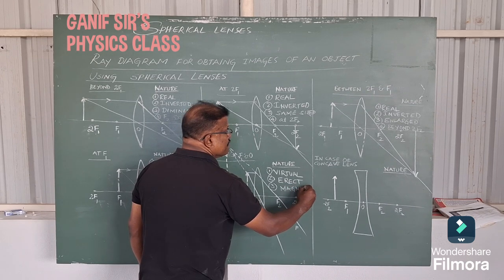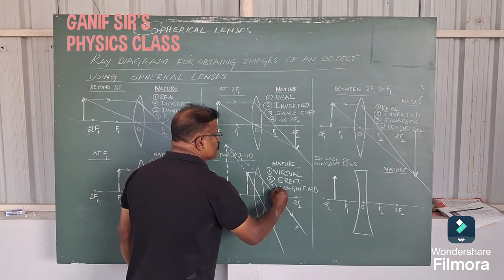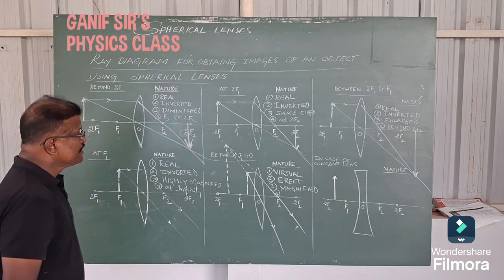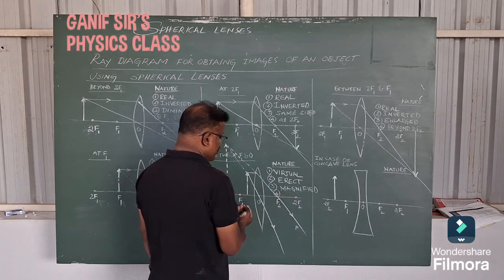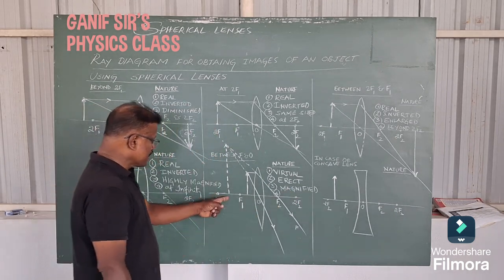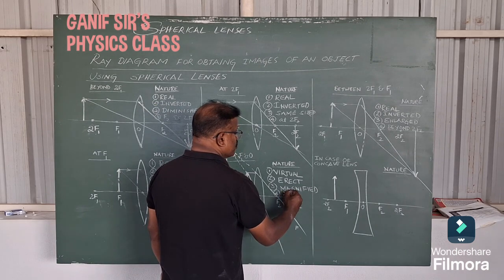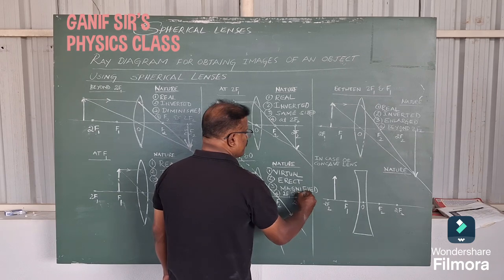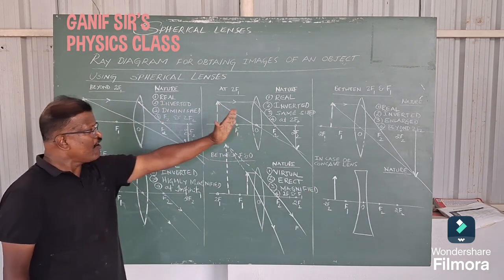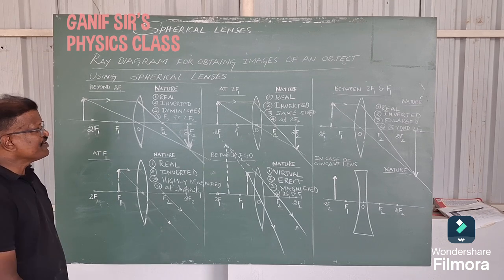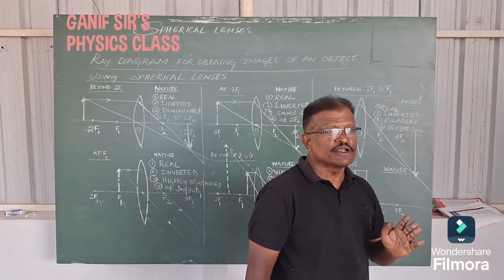The fourth is regarding the location. That's not important. According to our diagram, it seems as if it has come from, and is lying in between, 2F1 and F1.